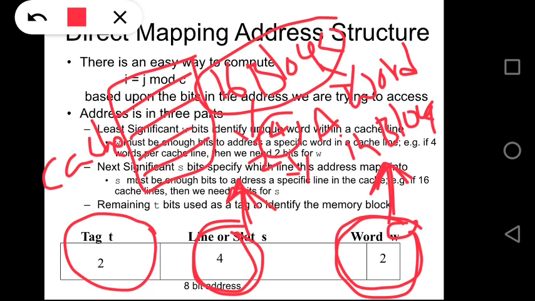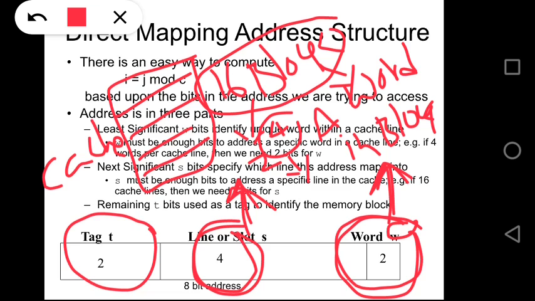That means if the main memory capacity is, let's assume, 64 bytes, then you divide 64 by 16.